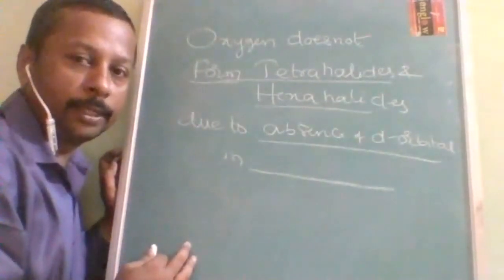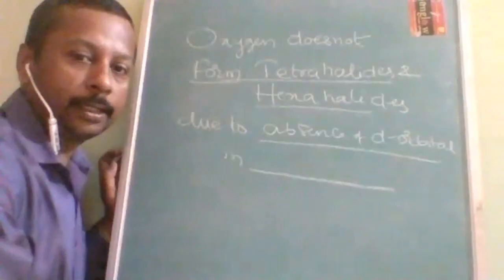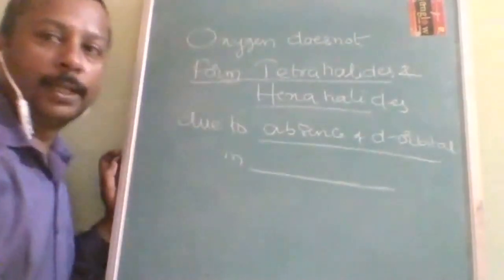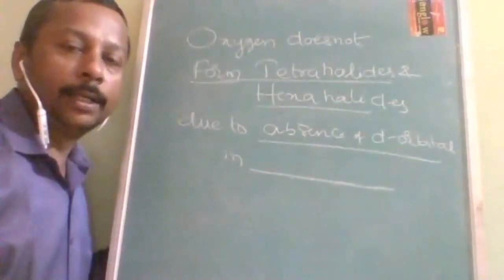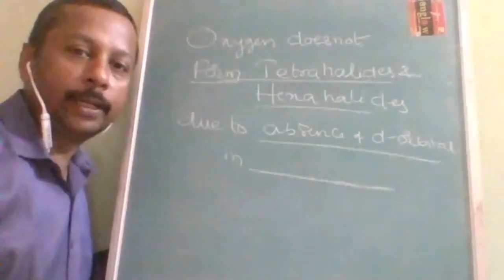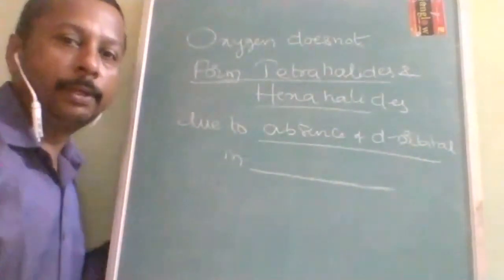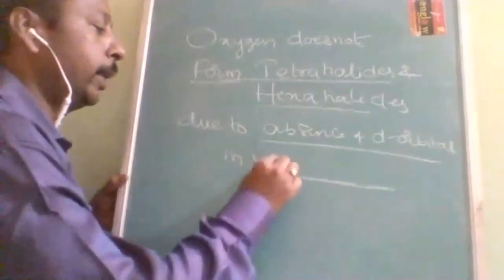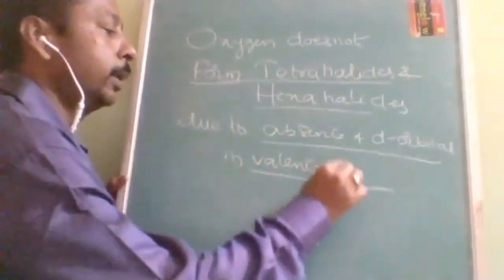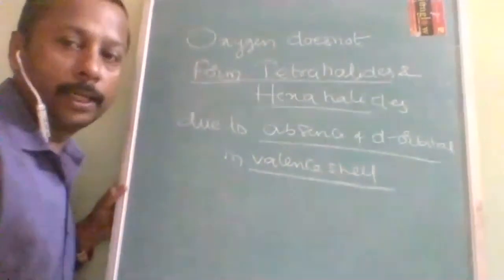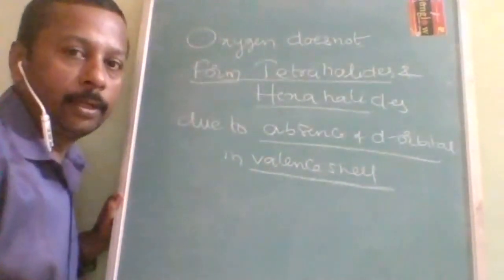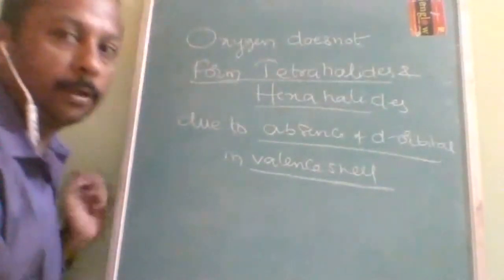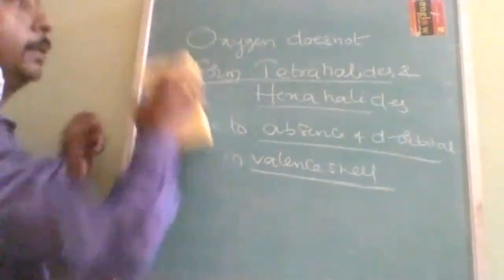So excitation of an electron from the s subshell to the p subshell cannot take place due to absence of d orbitals in its valence shell. What is the valence shell here? Second shell. The second shell does not contain d orbitals. Because of that, oxygen does not form tetrahalides and hexahalides.